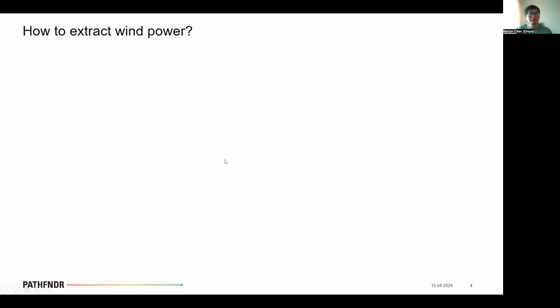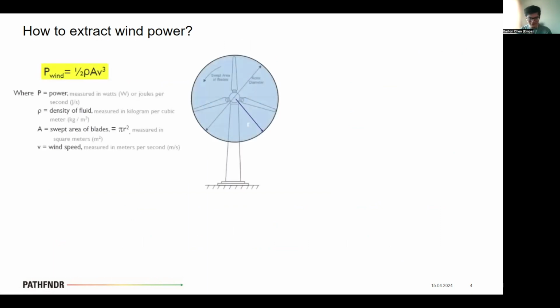So first of all, I would like to quickly introduce the basic elements of wind energy or wind power. If you want to understand how to extract wind power, there is a very basic equation. You can see it's linked to 4 key parameters. Basically, the density of the moving fluid is one of the key things, and the swept area of the wind turbine is another key factor.